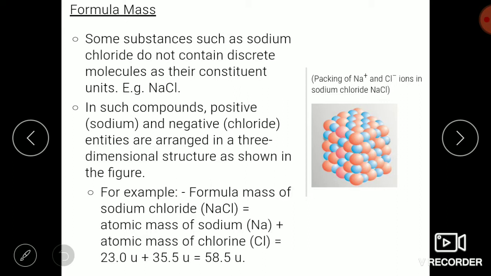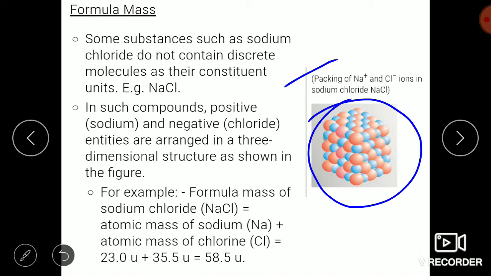For example, NaCl: you will not get only an NaCl molecule, but the NaCl is present in a 3-dimensional structure, where each sodium is surrounded by 6 chlorine and again each chlorine is surrounded by 6 sodium. Like that they make a complex pattern. You will study this kind of structure in detail in class 12, but for now just remember that there are some substances that remain as an aggregation instead of remaining as a discrete molecule.